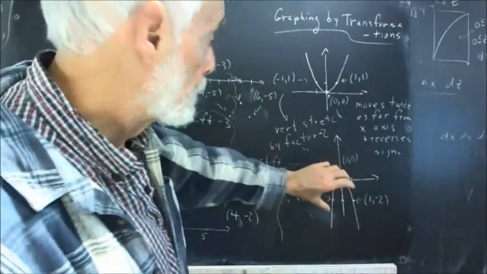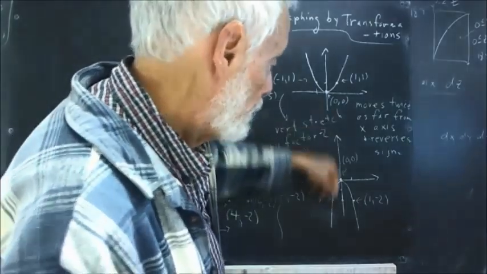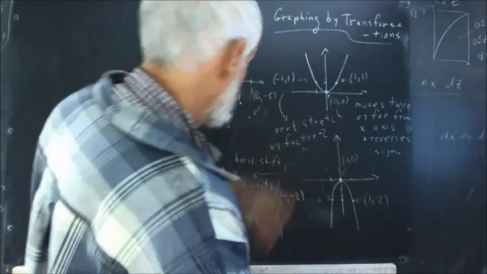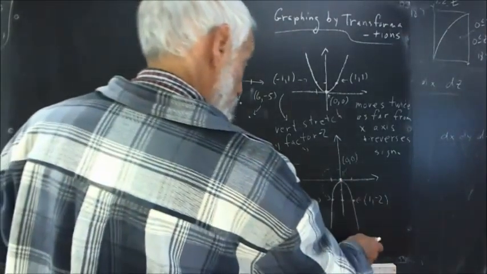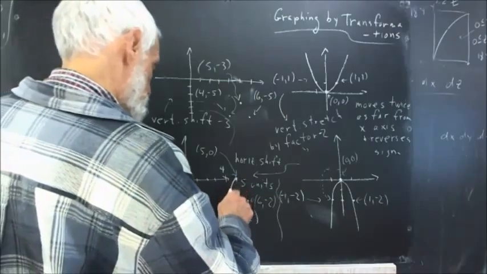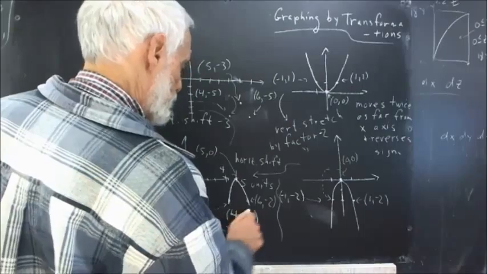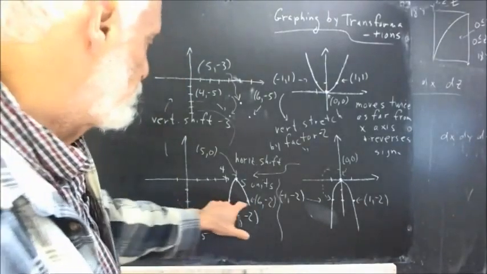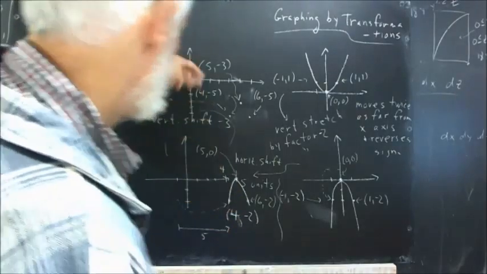Very similar, but inverted and also narrower because we've stretched it in the y direction. Okay, over here, the graph is going to have the same shape it had here, but it's going to have moved 5 units to the right. Vertex moves from 0, 0 to 5, 0. And these 2 points, well, you see where these come from.